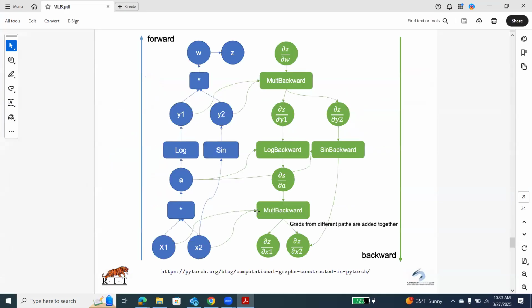Okay, so now let's look at the computational graph, how it looks in, for example, Torch. Now I hope you will understand this graph. So we have the graph for the function. Here's the function x1 times x2.